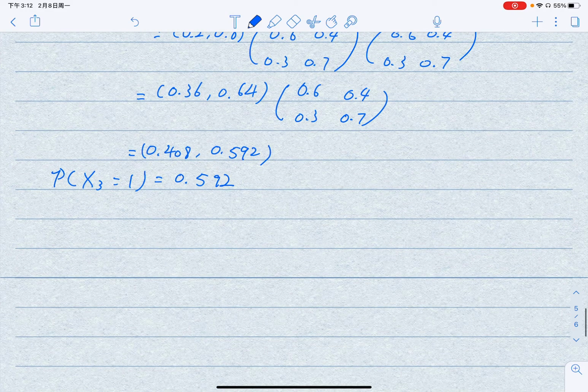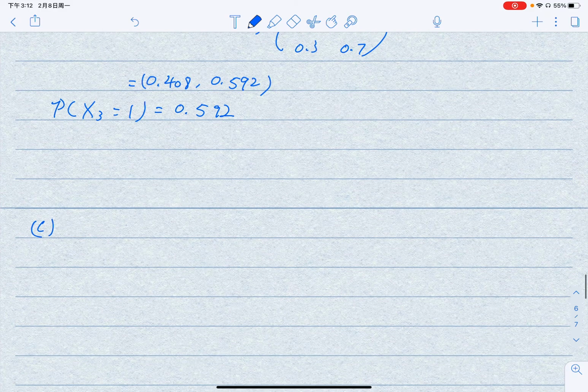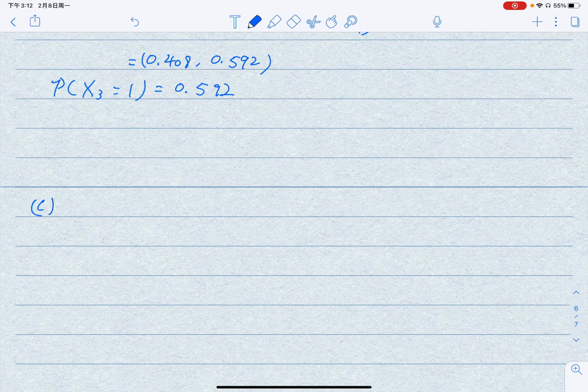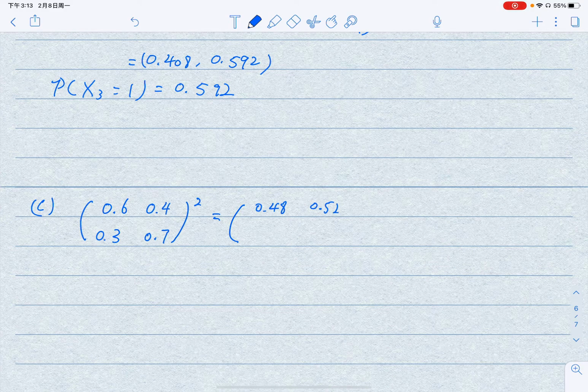For question C, it asks us to find the probability while X3 equals to 1 and X1 equals to 0. Since we have the matrix and we are multiplying it twice for X3, we can have a different matrix. This matrix means input 0 and output X3 is 0.